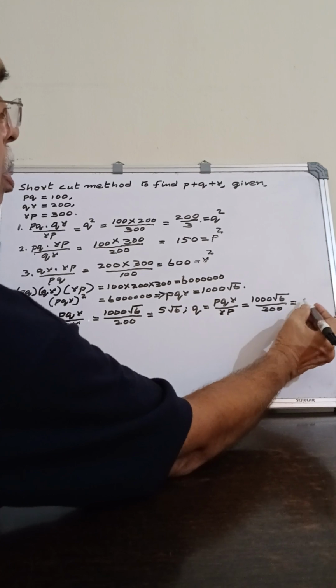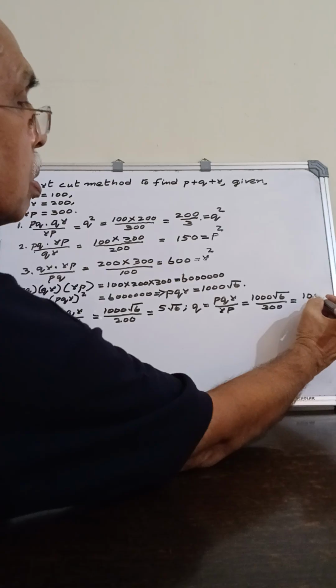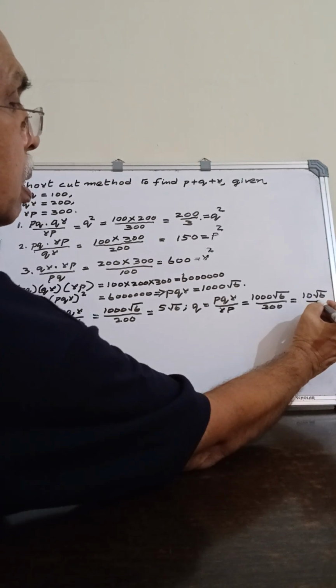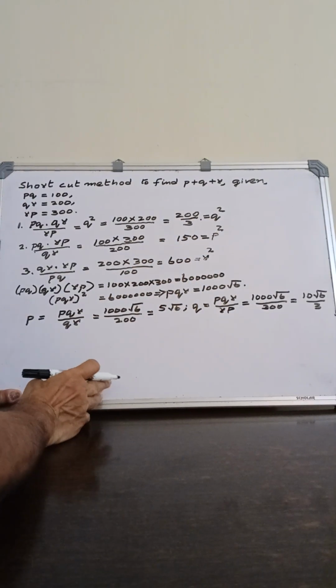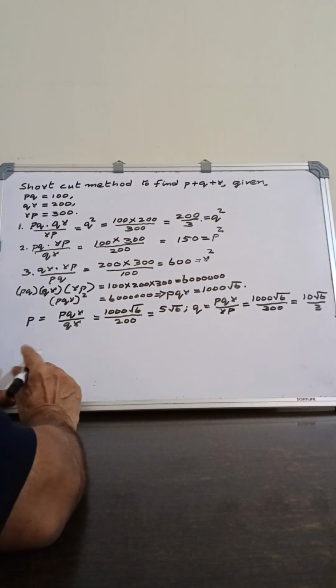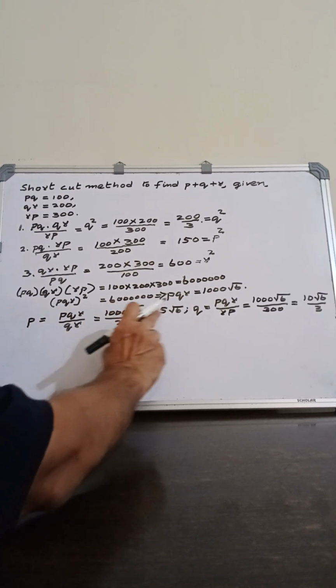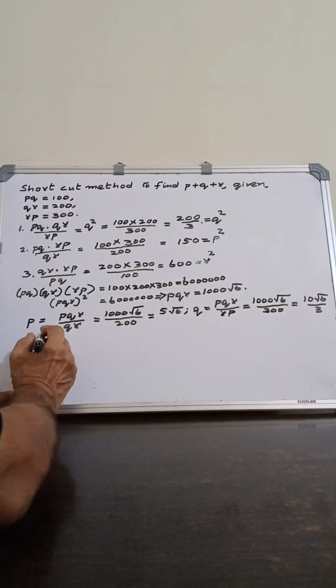Equals 10 root 6 by 3. Here we traced the value of P to be 5 root 6 and q to be 10 root 6 by 3.